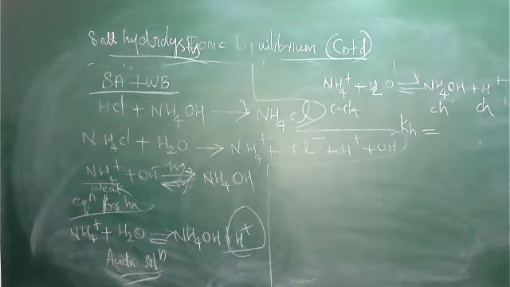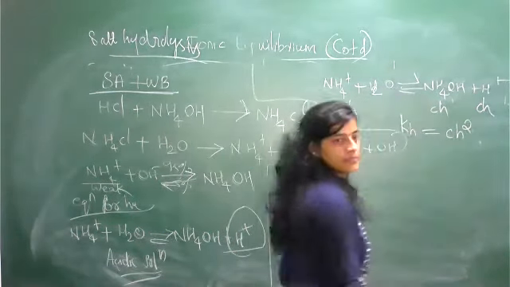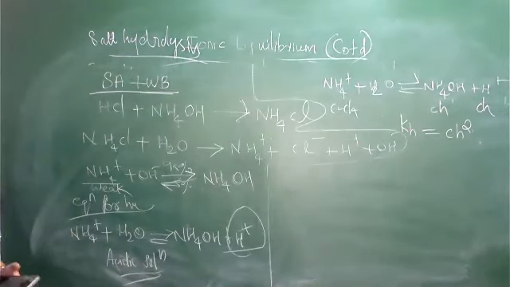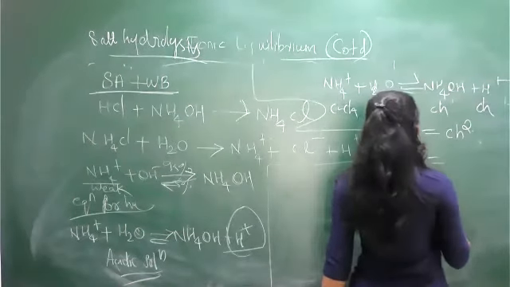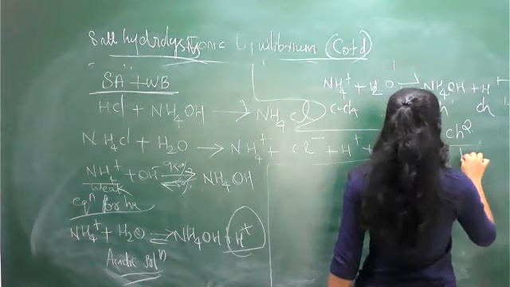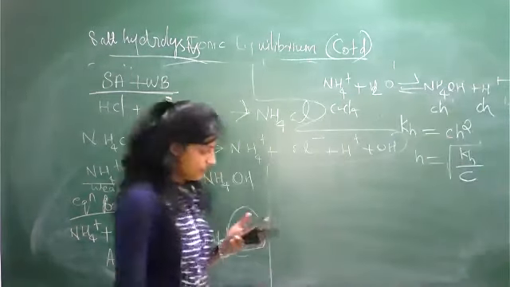Very good. C Kh is equal to Ch square. Got it? Do you have any confusion? Then tell me, student, h is equal to root of Kh divided by C. Very good.